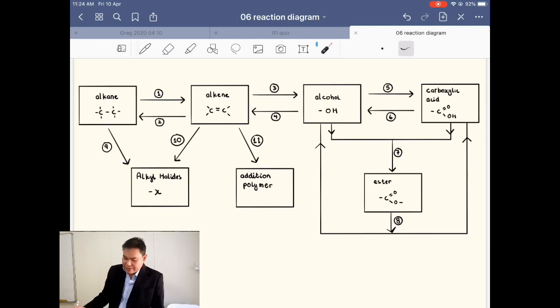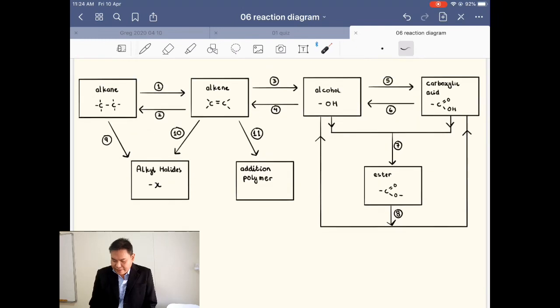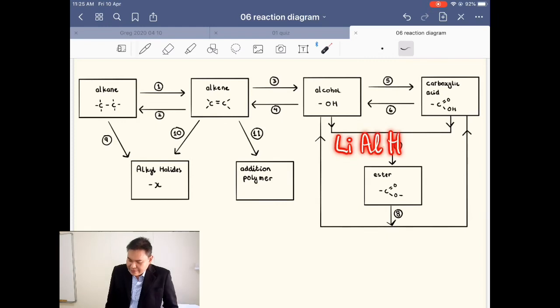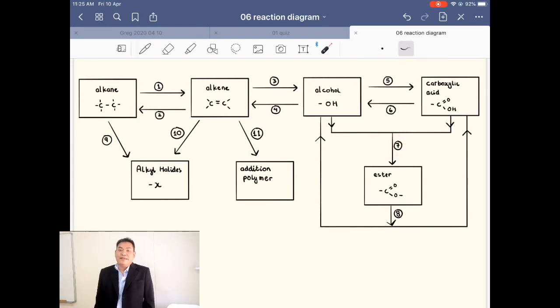Number 6 is the opposite of number 5. It's called reduction. Remember, you need the reducing agent, and the reducing agents are LiAlH4, lithium aluminum hydride, or NaBH4, sodium borohydride. Reaction number 7 is called esterification or condensation.